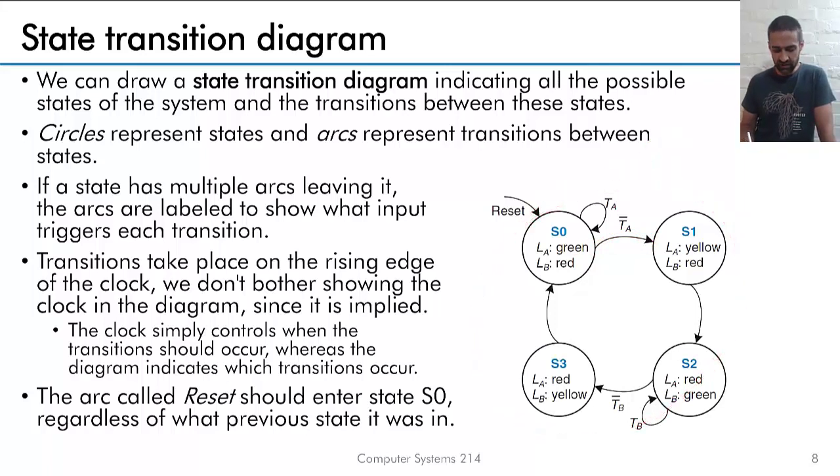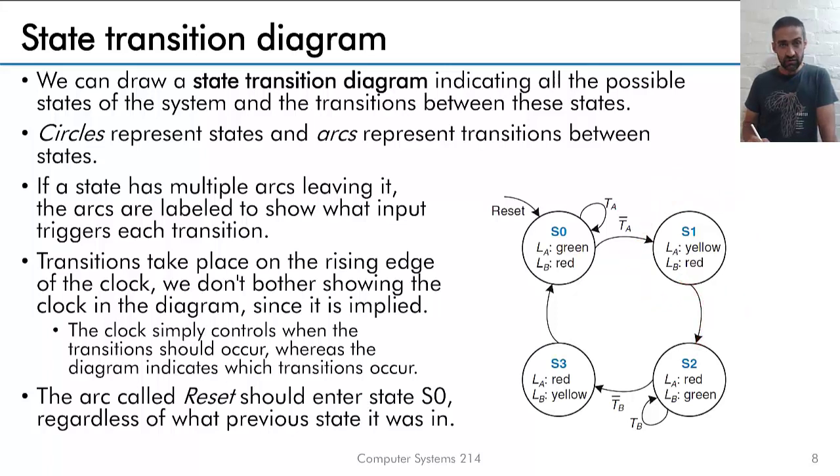The rising edge is the thing that causes the transitions, depending on the inputs. If there's a rising edge and there's no traffic, then transition to state 1. And state 1 is where that light is yellow, so it's going to go red soon, and the other one is still red.